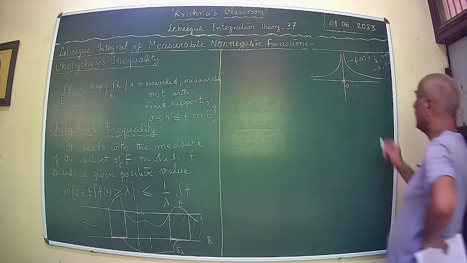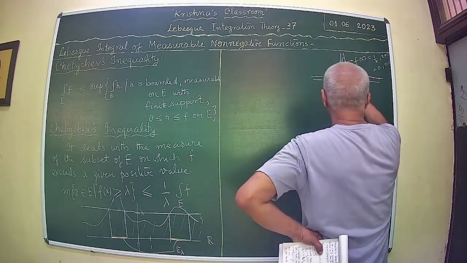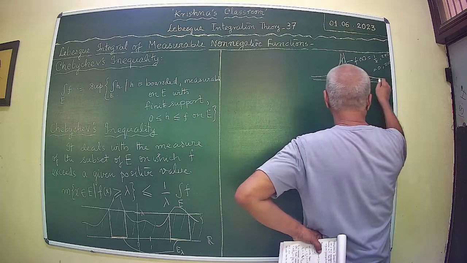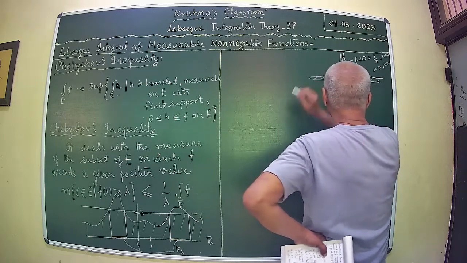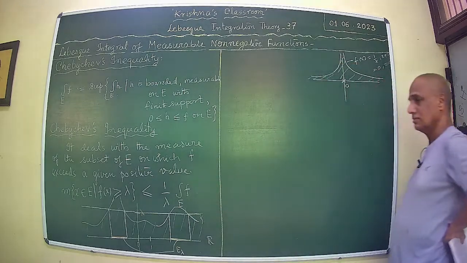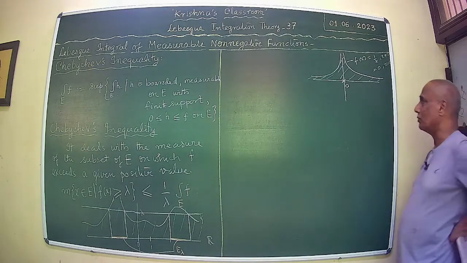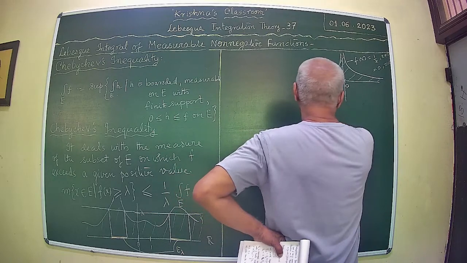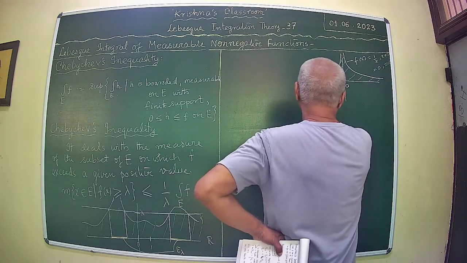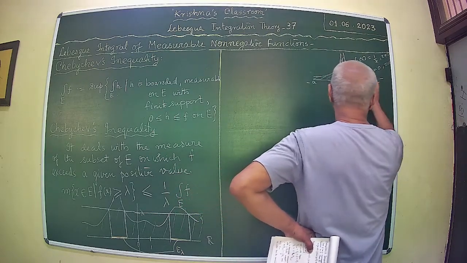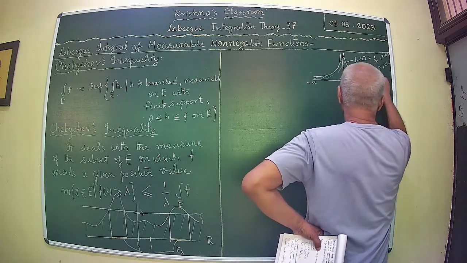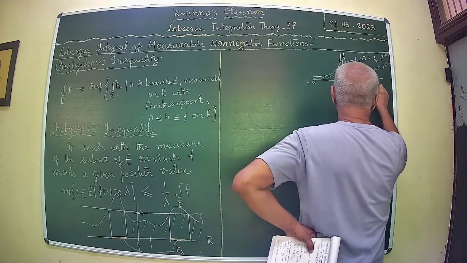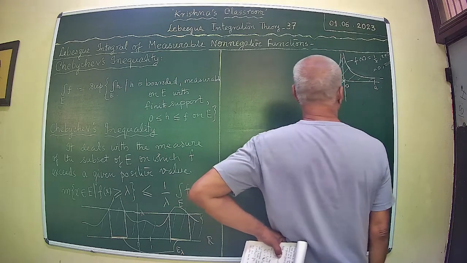Now you see the area enclosed, you know from elementary calculus, that the area enclosed between this is infinite. It is infinite on two accounts. For example, suppose you were to consider the interval from minus a to a, where a is finite.